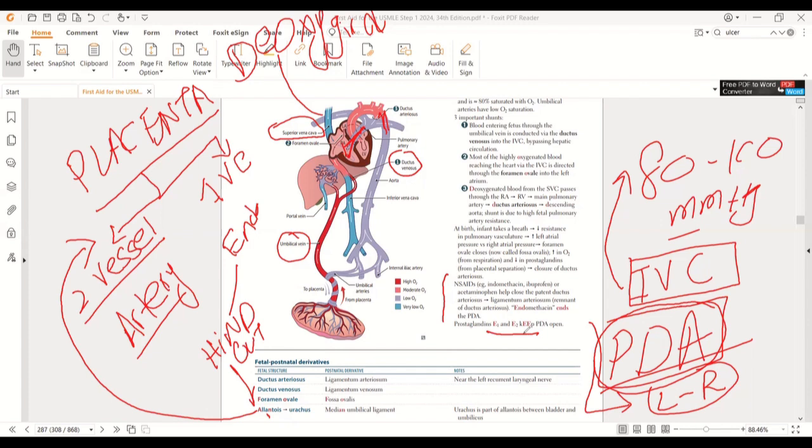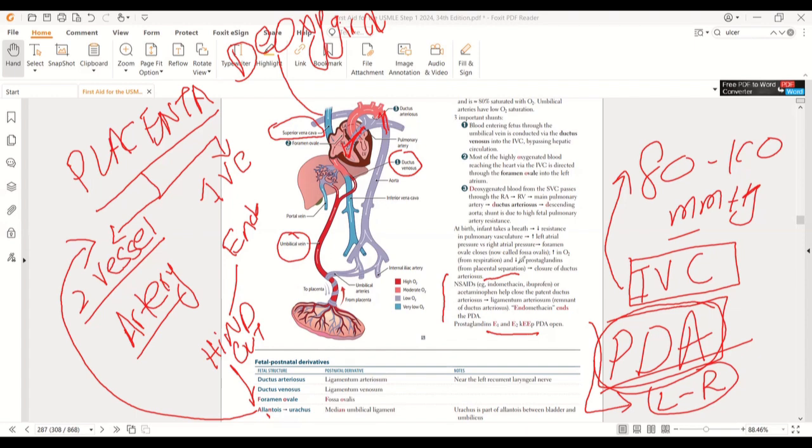Indomethacin, a prostaglandin antagonist. So the NSAID class, and particularly indomethacin, is commonly used for this purpose, right? Yes. So the remnant of this ductus arteriosus is known as the ligamentum arteriosum.